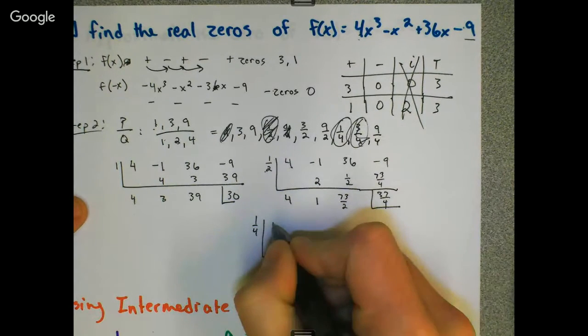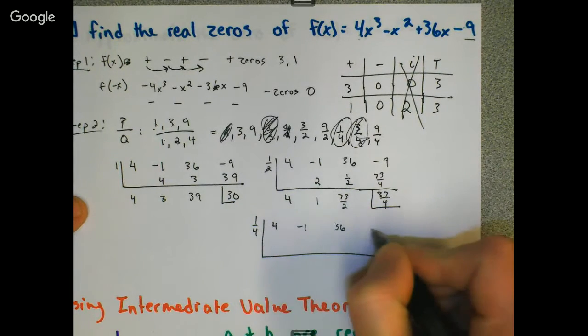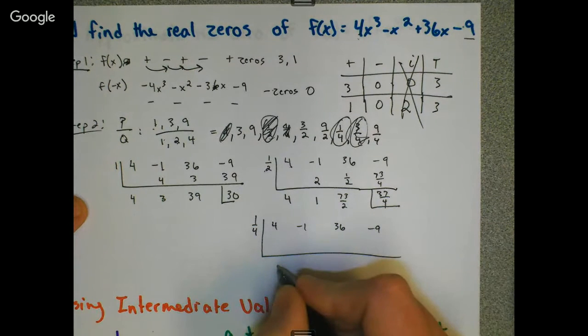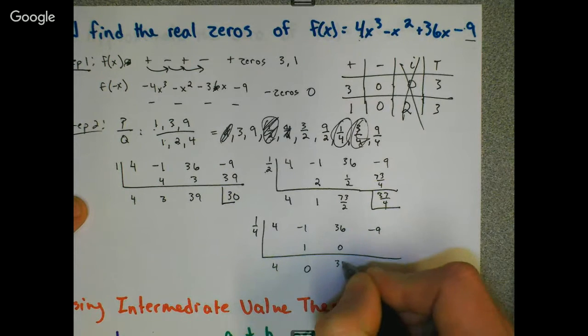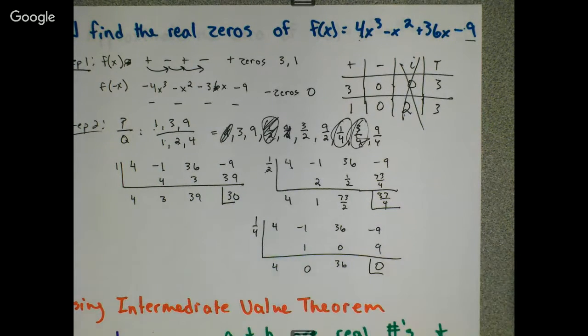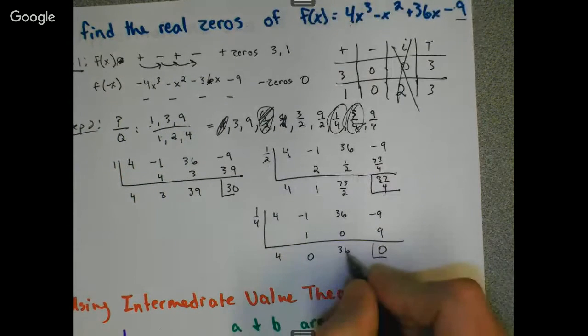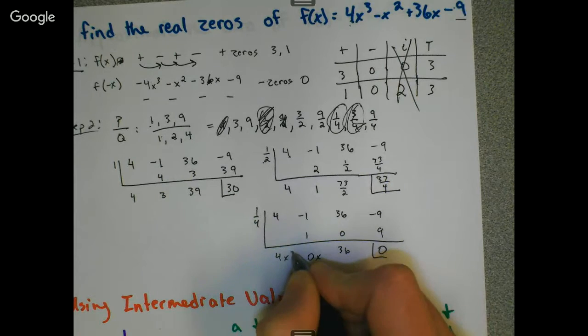So I get 4 minus 1, 36 minus 9. I get 4, 1, 0, 0, 36, 9, 0. Now what's left? This is constant x squared.